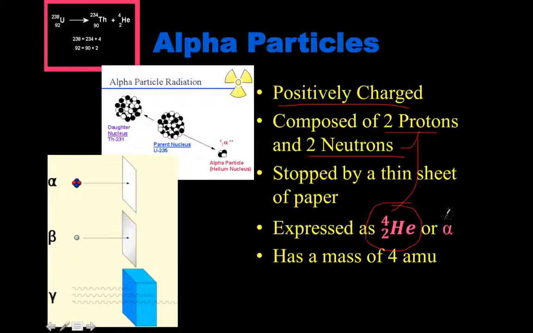Or it could be expressed as that little alpha symbol. Now, it can be stopped by a thin sheet of paper, so this type of radiation is very minor in harming or hurting someone. And as I said, it has a mass of 4 atomic mass units, AMUs, because of the 2 protons and 2 neutrons added together.